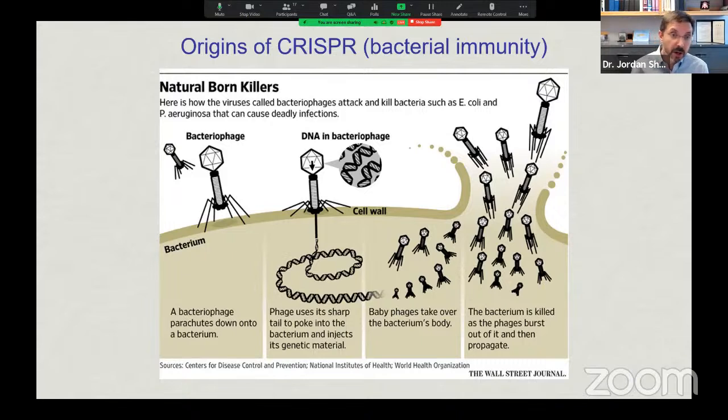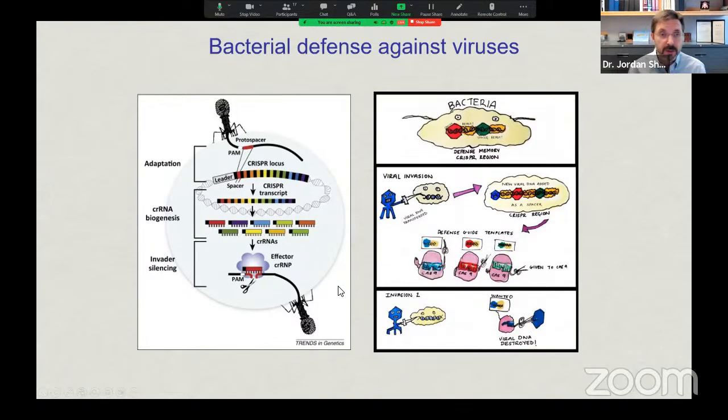But it did. So bacteriophage are like viruses to bacteria. They land on bacteria, they inject their DNA, and bacteria have evolved ways to protect themselves from that. That's what CRISPR is. It's a series of DNA sequences that over evolutionary time, bacteria have matched to these bacteriophage DNA.